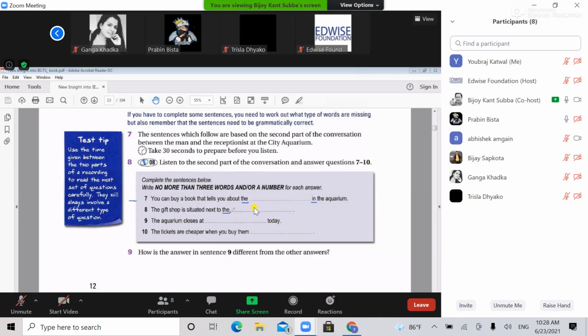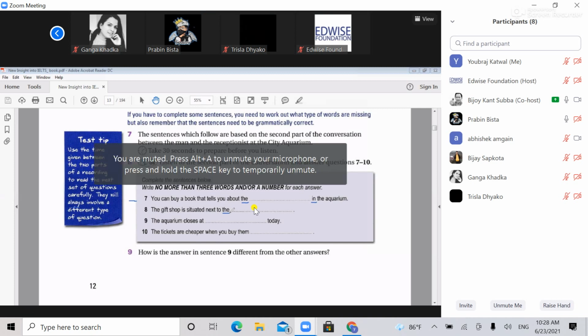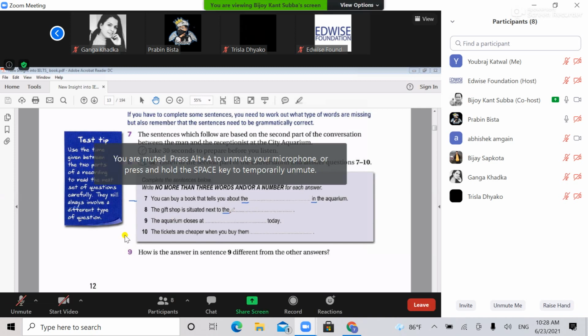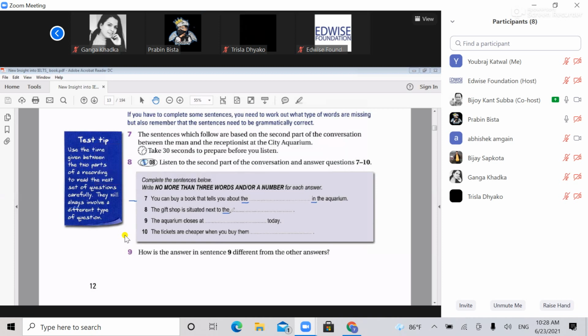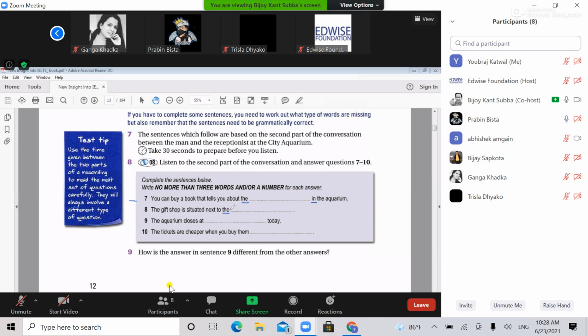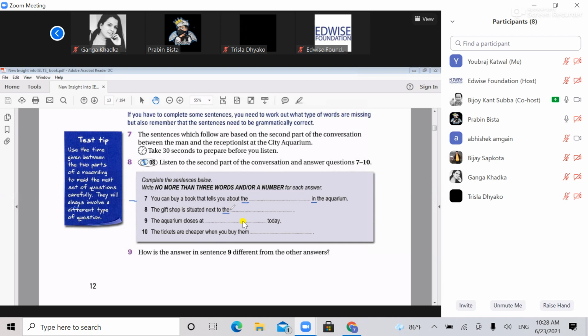We use it for something definite, in case of physical features: the Himalayas, the Brahmaputra River, the Kathmandu Valley. We also use the when we repeat the noun the second time. I went to Kumari Cinema Hall. If I repeat the sentence, I'll say the hall was closed. We also use the in case of a proper noun and something specific.